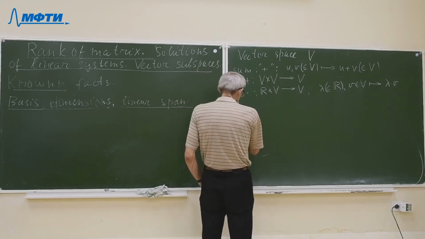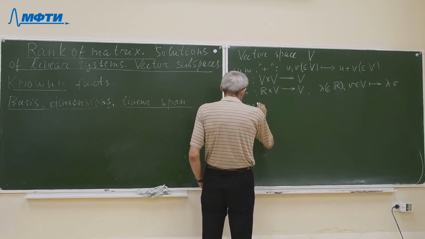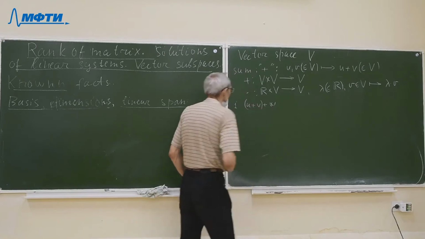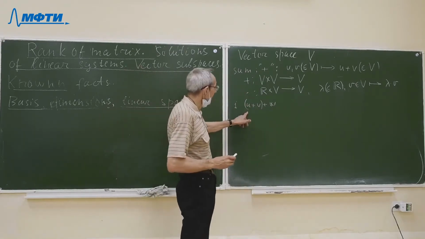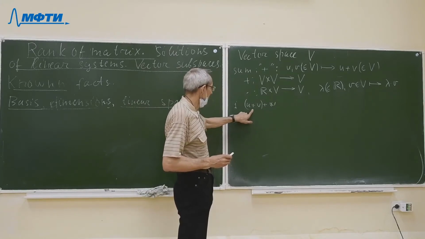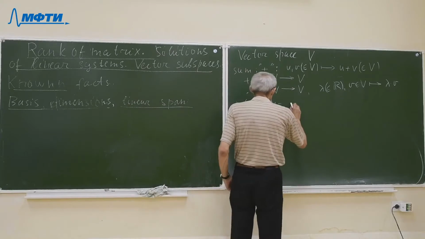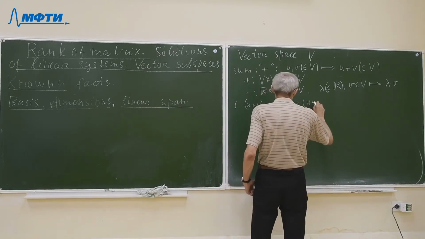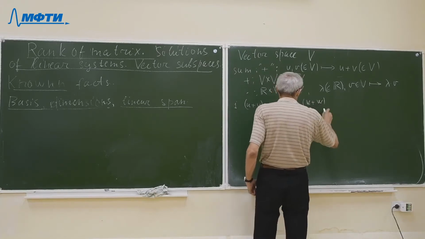The first is the axiom of associativity. If we have three vectors, and we consider the sum of the first two and add the third, this is equal to the sum of the first and the sum of the second and third vectors.